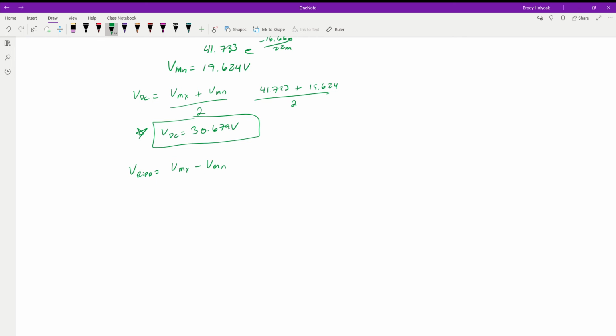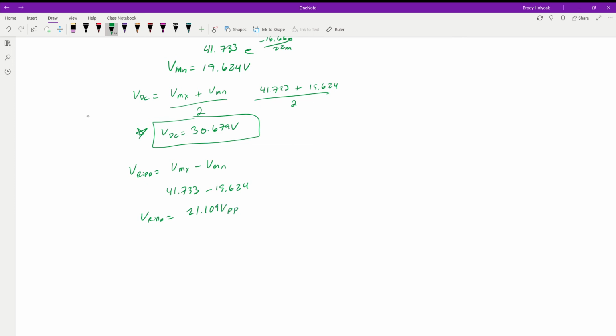That's why we subtract these two, because we just want the net change. So we have 41.733 minus 19.624. Our V ripple is equal to 21.109 volts peak to peak.